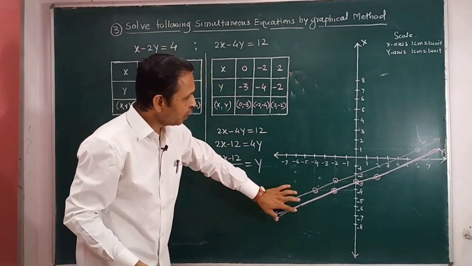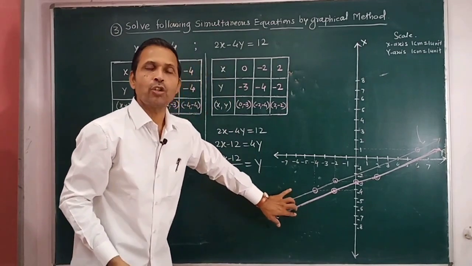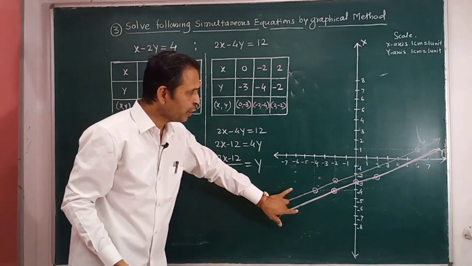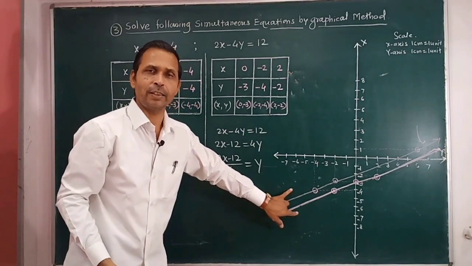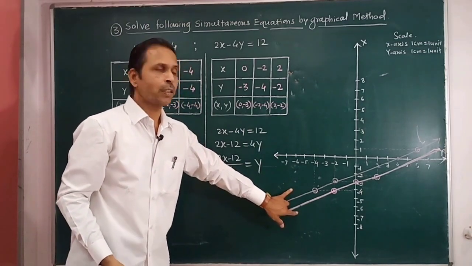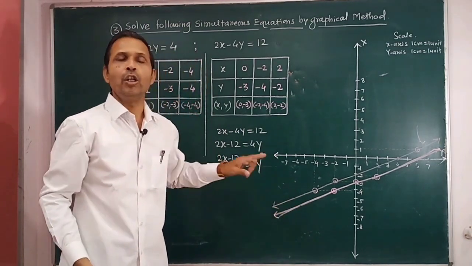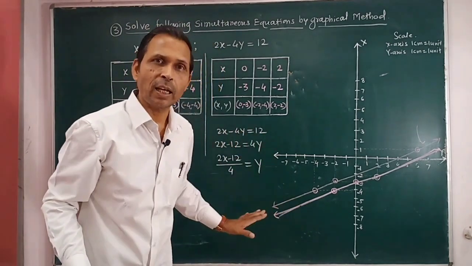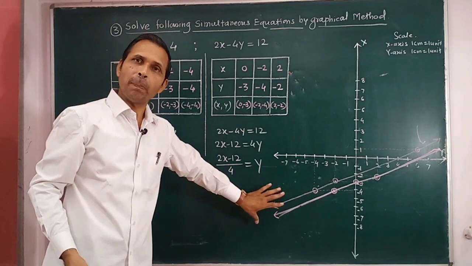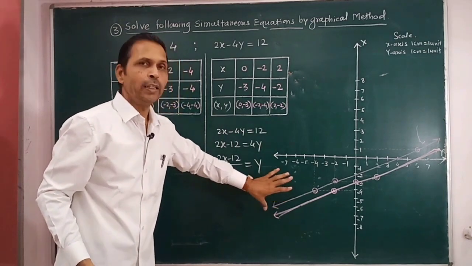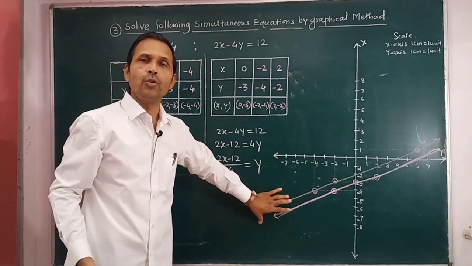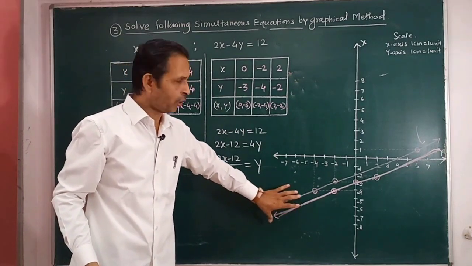These two lines do not intersect with each other, which means we cannot find the coordinates of a point of intersection because the lines are parallel, and that's why such equations have no solution.